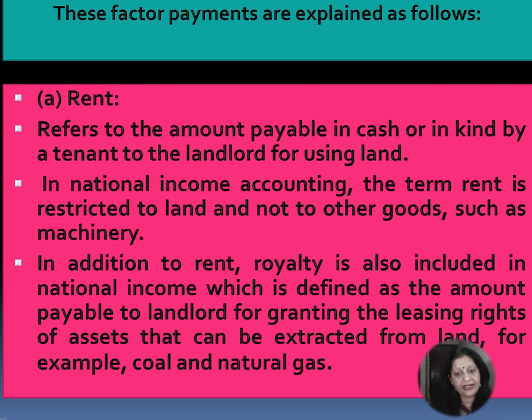In addition to rent, royalty is also included in national income, which is defined as the amount payable to a landlord for granting the leasing rights of assets that can be extracted from land, for example, coal and natural gas. Yes, coal and natural gas are also found on a piece of land, and we pay a certain fixed amount of money for using that particular area.